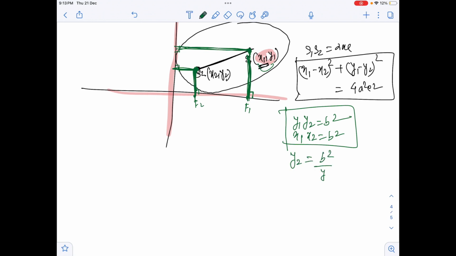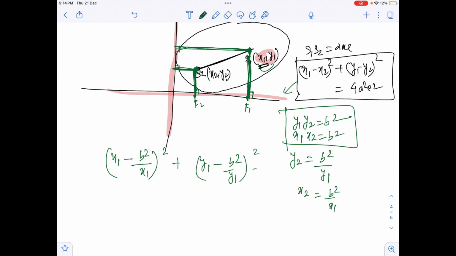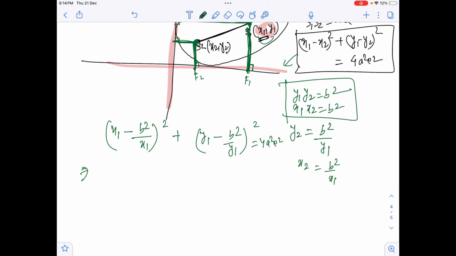Now how to relate x1 y1? We know y2 is b square by y1 and x2 is b square by x1. So how are we going to do that? (x1 minus b square by x1) whole square plus (y1 minus b square by y1) whole square is going to be 4a square e square.